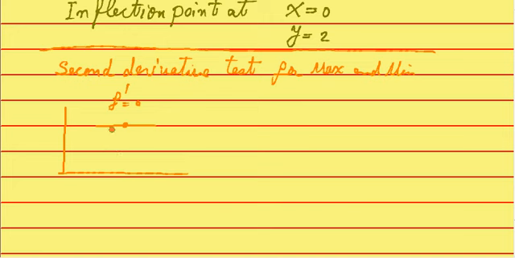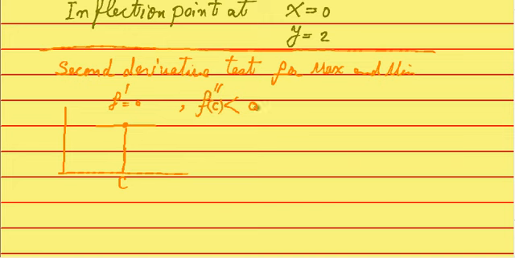How can I tell if it is the top of a curve, the bottom of the curve, or perhaps neither? Suppose I know that the second derivative is negative in the vicinity. Let's call this point C. I say the second derivative is negative at this point.